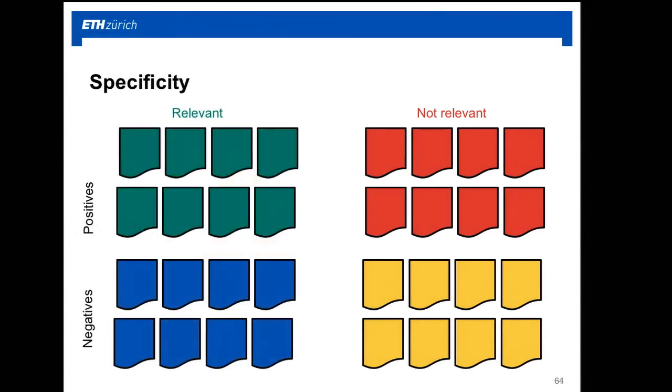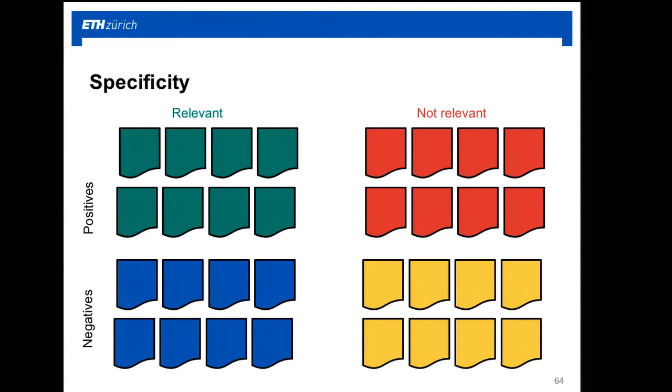So in this setting, you really realize recall is right here. It's this divided by the sum of this. Specificity is this divided by the sum of this. So you can see the symmetry here between relevance and non-relevance, right? If you swap it, then you basically redefine them in a different way.